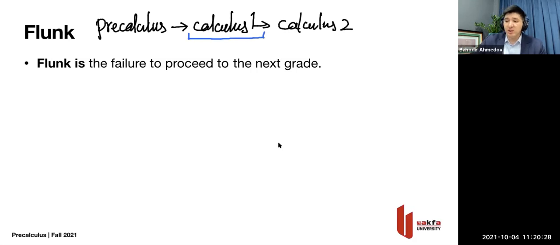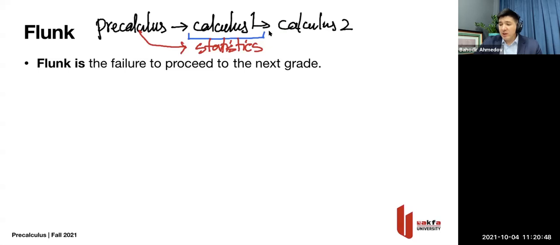The same as with statistics. When you start the statistics course, I think it is going to be next year for you, you need to finish pre-calculus successfully. If not, you cannot take that course. This is something which is called the prerequisite.